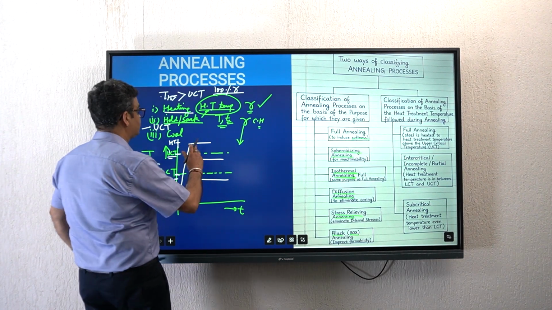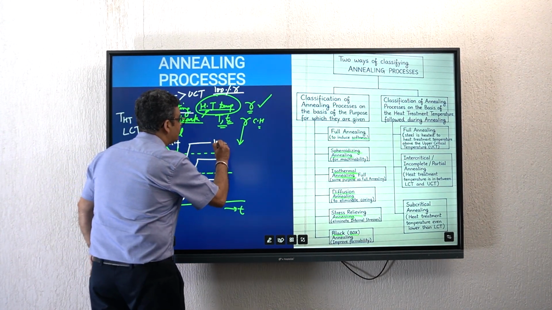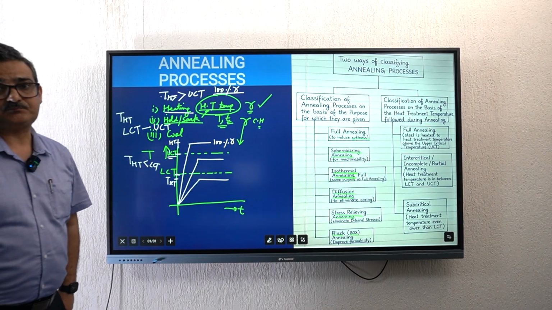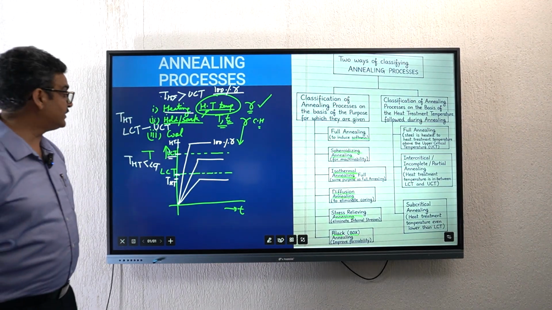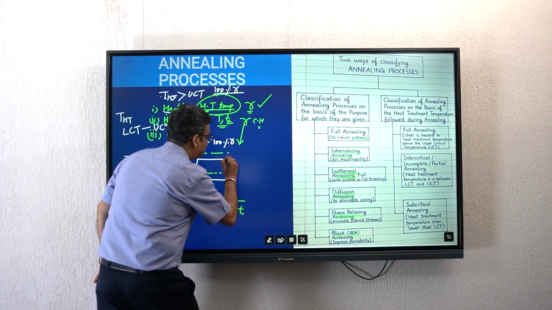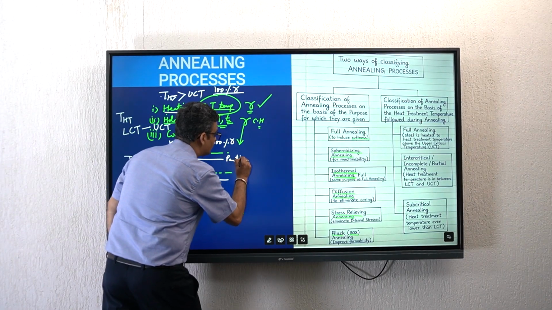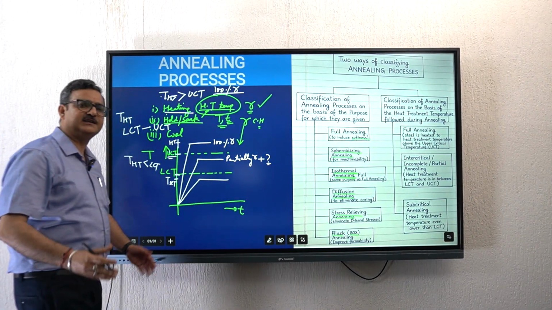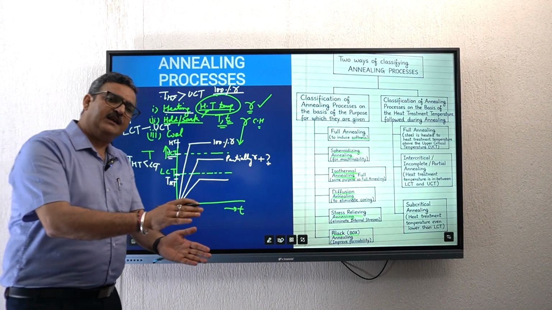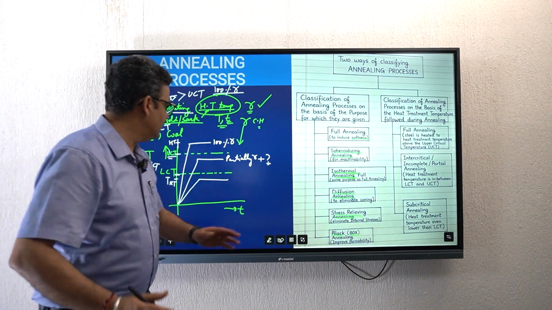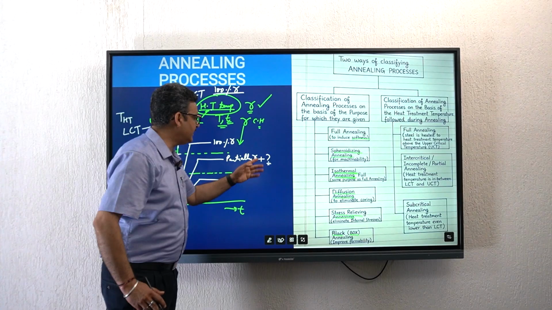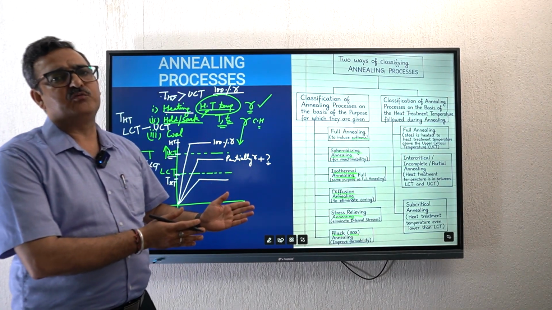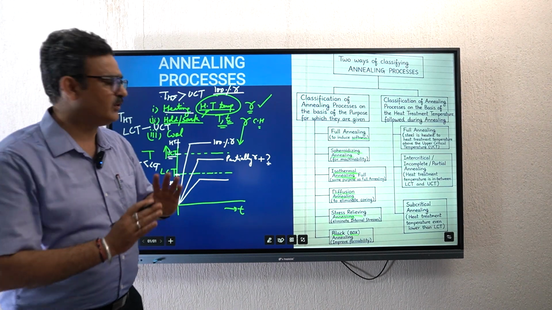So whereas in the first case, full annealing, your steel's microstructure will show 100% austenite at the heat treatment temperature, here you will have partial austenite and there would be some other phase present along with it, either pro-eutectoid cementite in case of hypereutectoid steels, or along with this partial austenite there would be some pro-eutectoid ferrite in the case of hypoeutectoid steels.